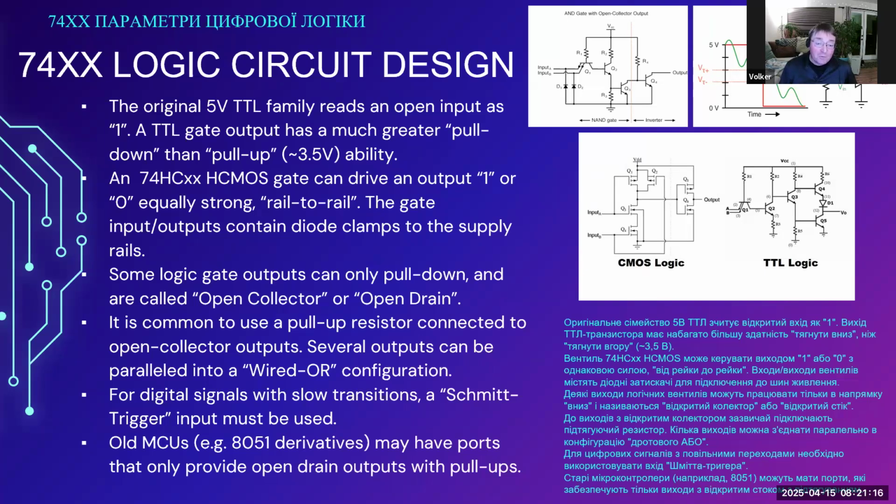For signals that are slow, a solution had to be found, and that solution is called a Schmitt trigger. So a number of logic gates that you can find in the 7400 family, and that you can also find on some microcontrollers, have so-called Schmitt trigger inputs that provide what's called hysteresis.